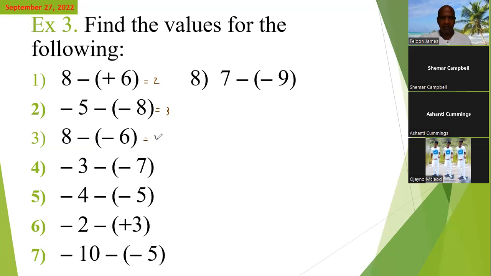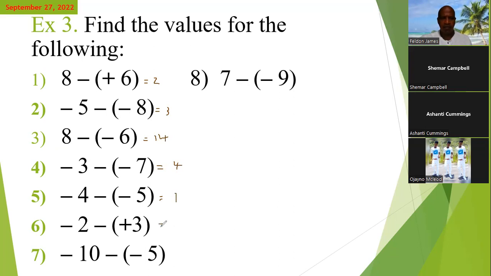The answer for this one, +4. The answer for this one, positive 1.